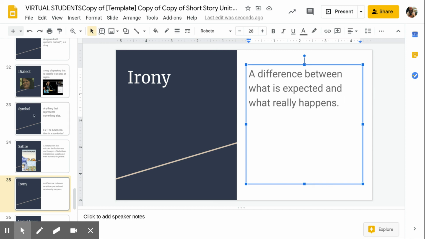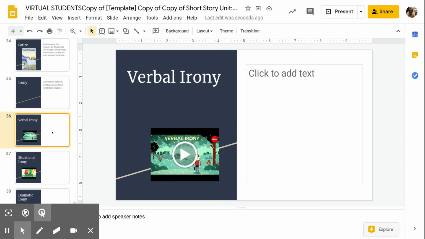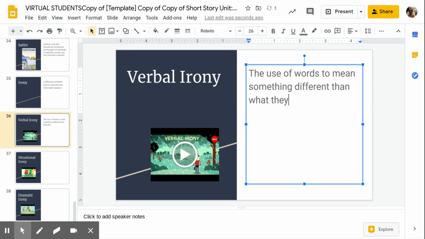Okay, go to the next one, please. There it is. So verbal irony is the use of words, hence the word verbal, to mean something different than what they appear to mean.